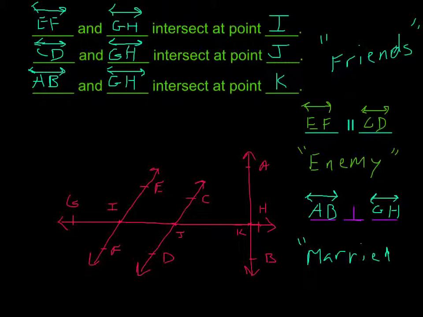We have married lines because they form perfect right angles. And that is how we have our different lines and how we can remember these different lines: our perpendicular lines, our parallel lines, and our intersecting lines.